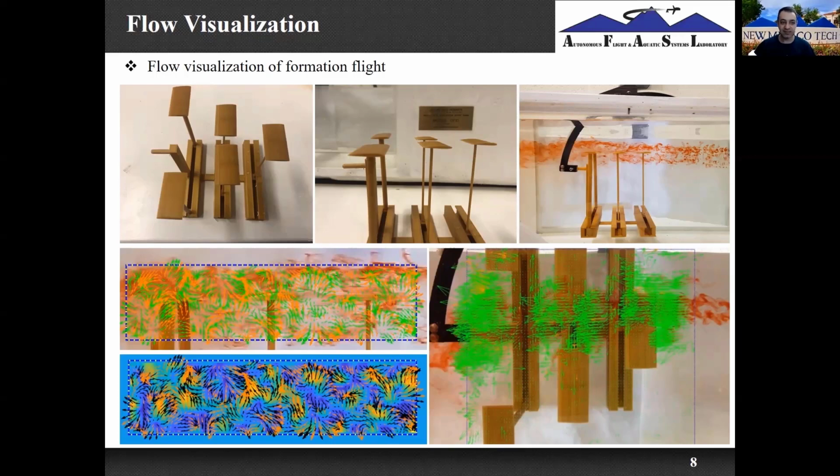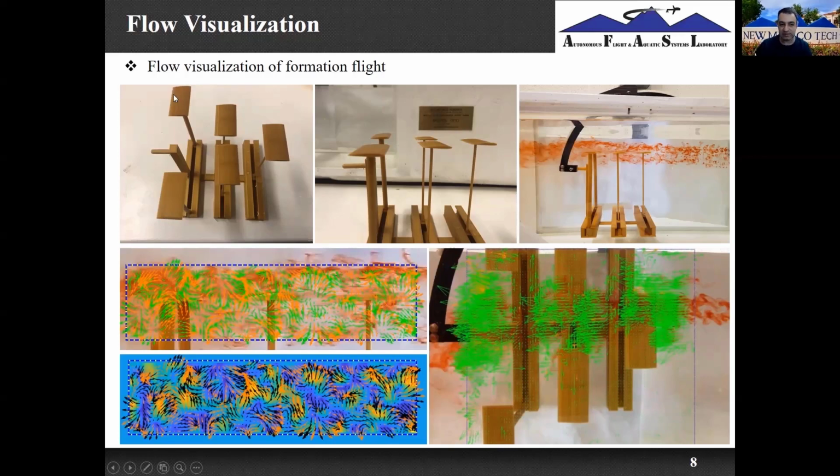We can do these experiments in the real world. We can get the drones and fly them together, or we can simulate them and put them in a wind tunnel or water channel to run different types of analysis. This is one of the projects for another course that I was teaching in the mechanical engineering department.